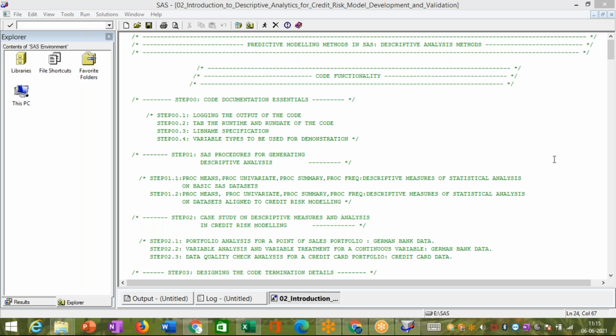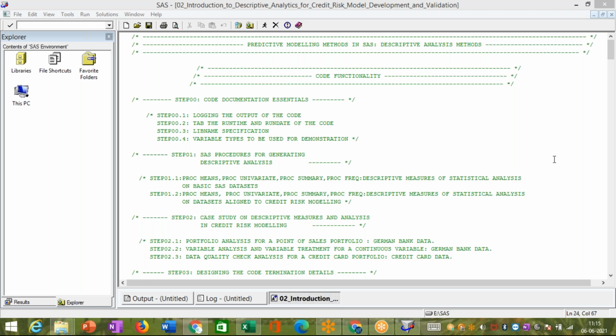Before we go into that, we take up one single variable and we use a proc means, we use a proc univariate, and we try to go deep into the variable and see its interpretation so that we can generalize it for the whole portfolio. One of the biggest questions is, by doing a portfolio analysis of two continuous variables, can I distinguish between risky borrowers and less risky borrowers?